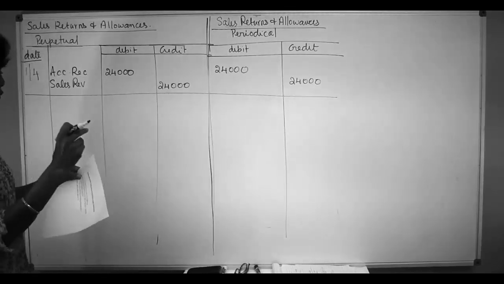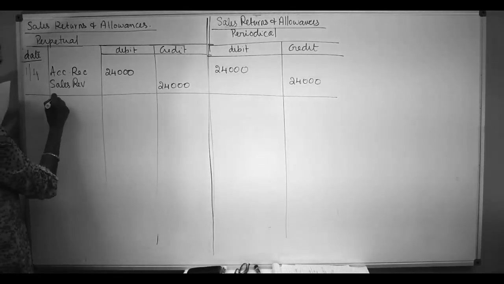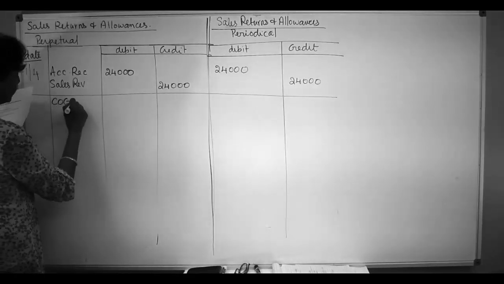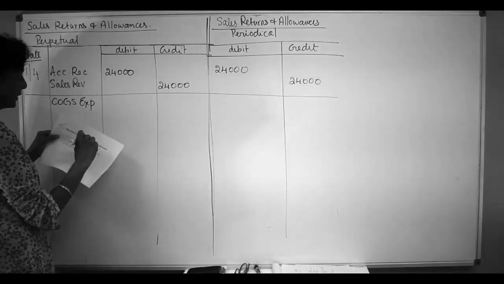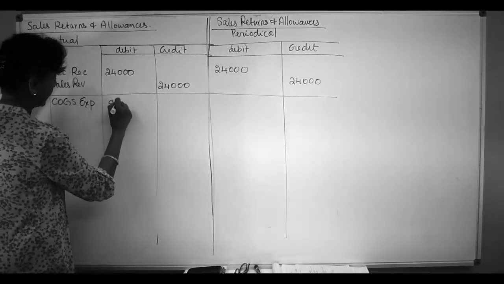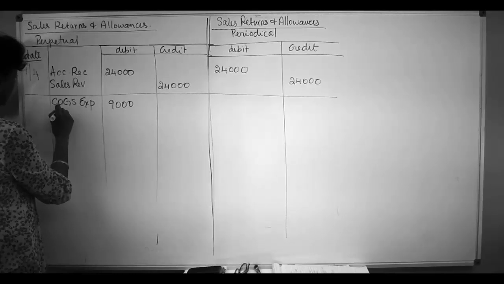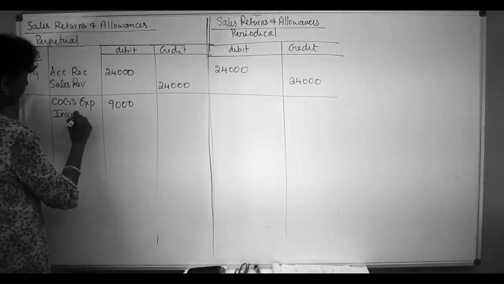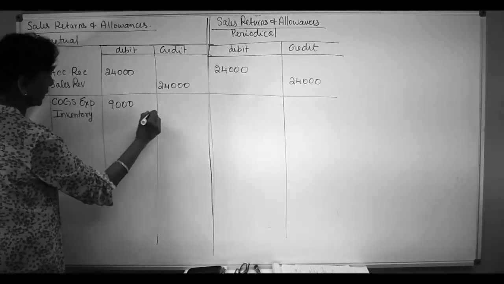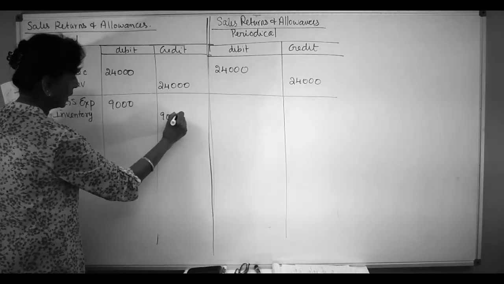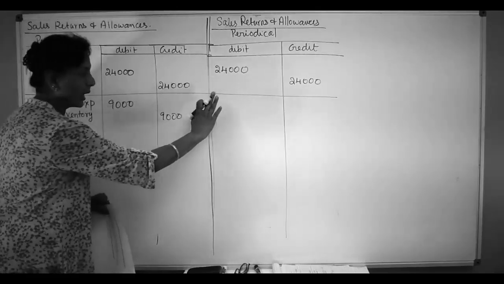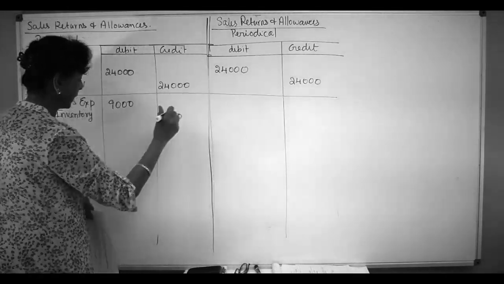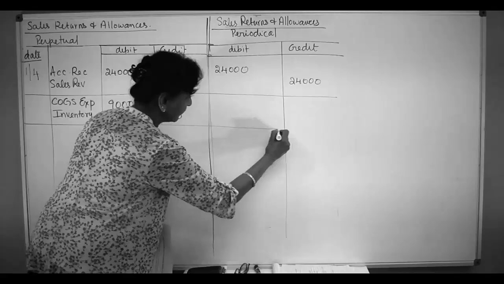So under perpetual, we're also going to record the cost of goods sold expense, 30 televisions times 300, 9,000, and we will also credit inventory 9,000. Now, we do this only for the perpetual, but we do not do anything for the periodical. So you can see the difference here.